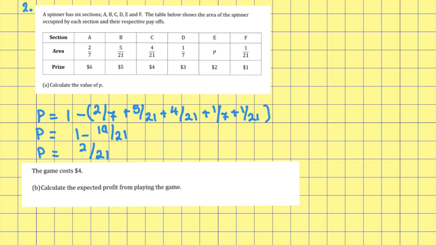So the first thing we want to do is let X equal profit. Now we need to calculate the expected value of X. Well, that is equal to the sum of X times the probability that X equals x.